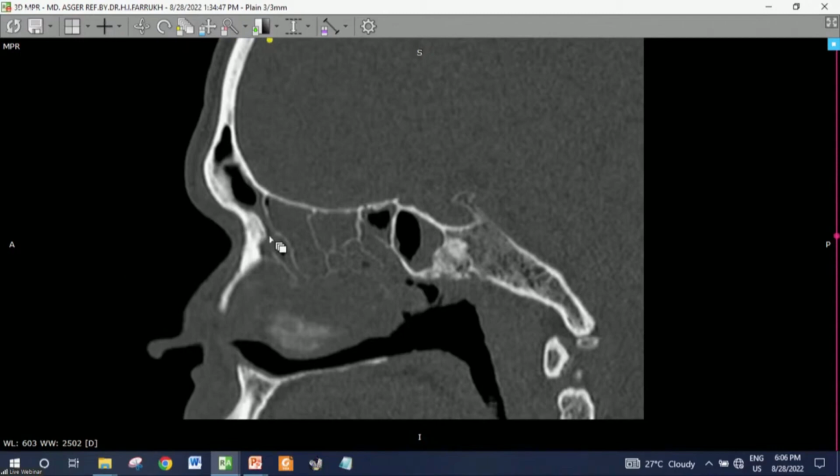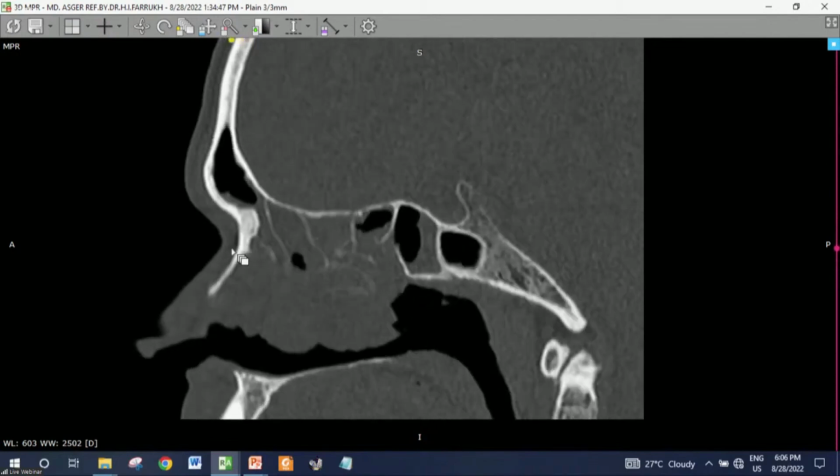Interestingly, our technique of frontal sinus opening is not going to change. See this? Go along the beak, go along the beak, go along the beak, and your frontal is clear. Don't fall into anything else. This will always remain the same. But when you open your frontal outflow, it will be narrow and there will be a cell behind.